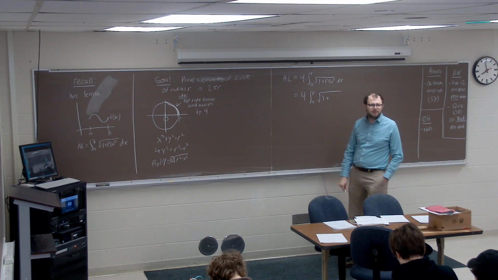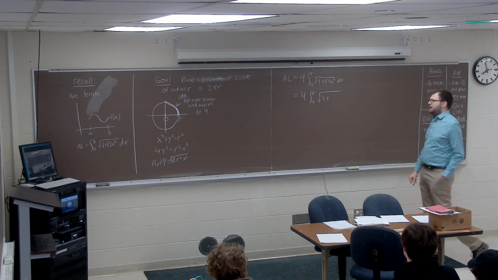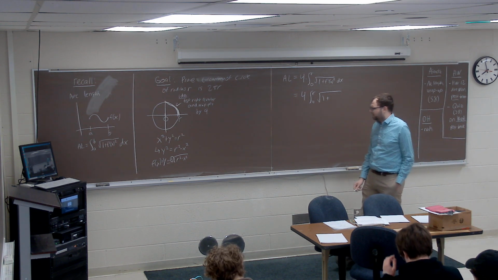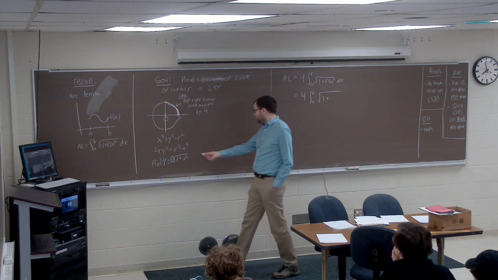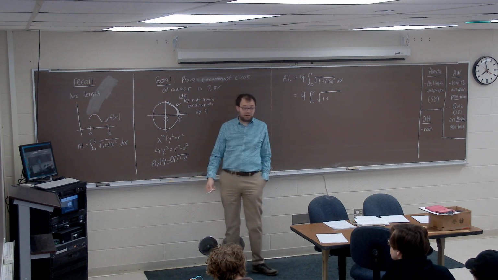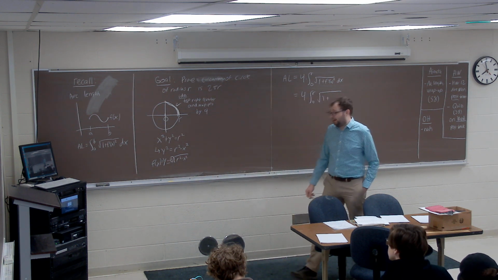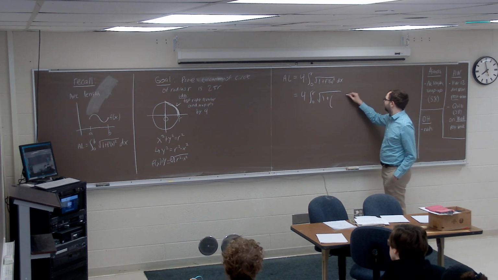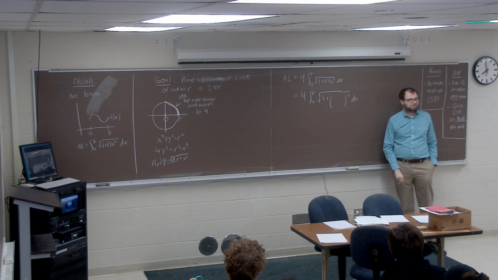Okay. Gabe, what's going to be our f prime of x here? If f of x is the positive square root of r squared minus x squared, what would f prime of x be? Square root of r squared minus x squared.